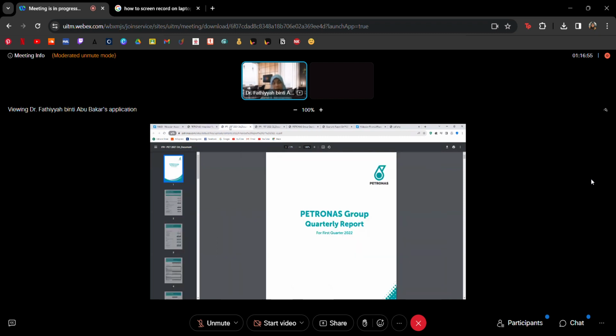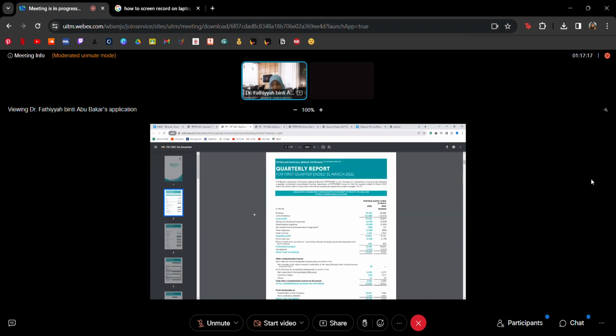Okay, I want to share with you. It is the first quarter of Petronas interim report. First quarter means that Petronas prepare the interim financial report every 3 months. Okay, it is the first quarter means that cover January up to March. You can see the first quarter ended 31st March 2022.